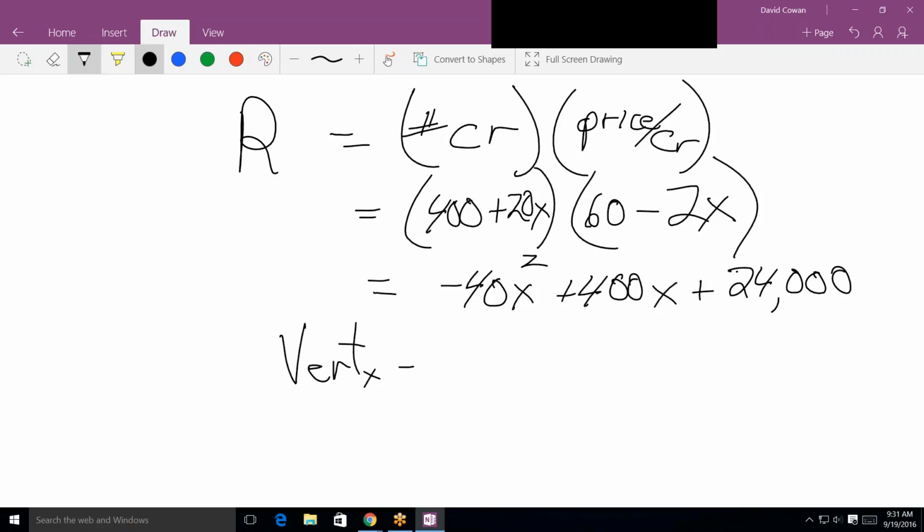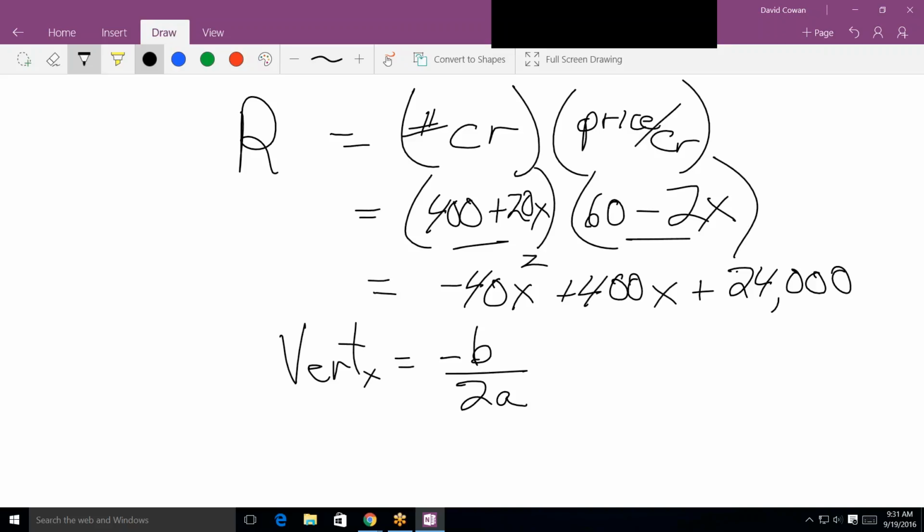Well, what's the simplest way to get the x-coordinate of a vertex? Set the y equal to 0. Well, no, that will give you the X-intercepts. We actually could get the X-intercepts pretty easily from our two factors. In other words, wherever that's equal to 0 or that's equal to 0 are your two X-intercepts.